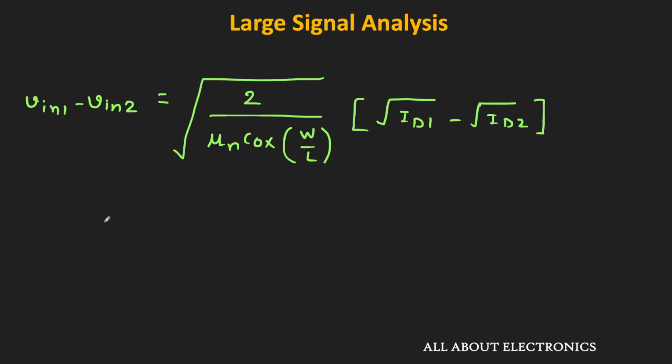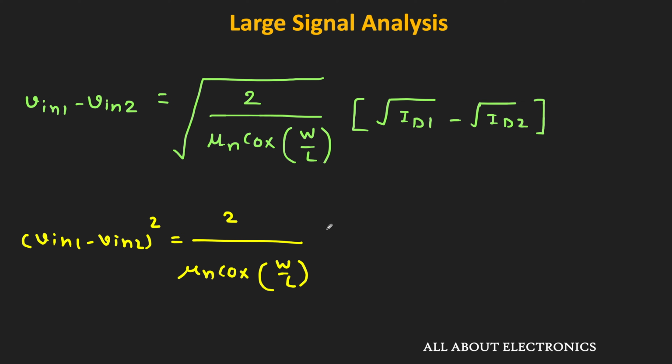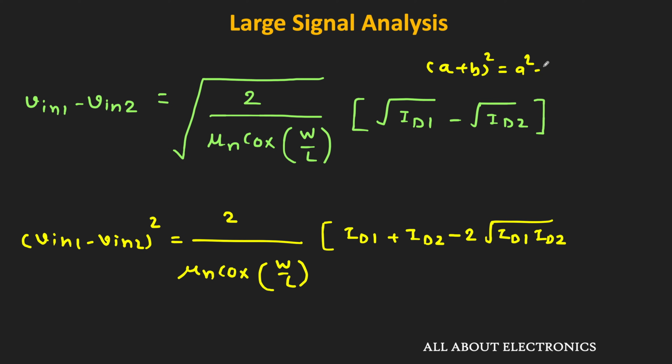So after taking the square on both sides, we can write this expression as this (Vin1 minus Vin2) whole square, that is equal to 2 divided by (mu n times Cox times W by L) times (ID1 plus ID2 minus 2 times square root of ID1 times ID2), because as you know, (a plus b) whole square can be given as a square plus 2ab plus b square.